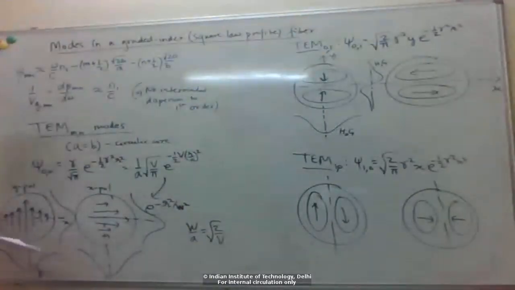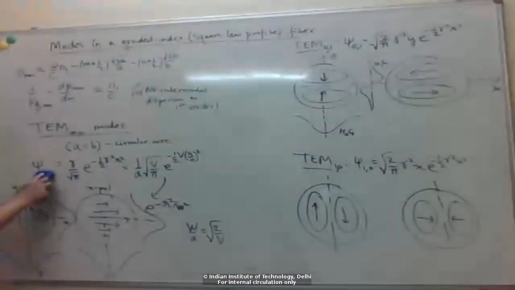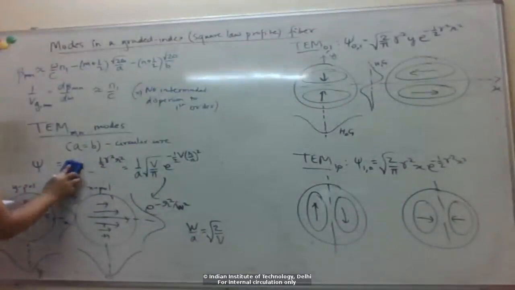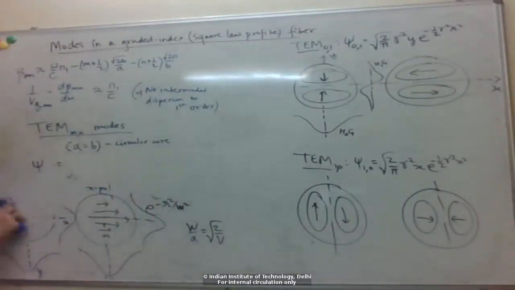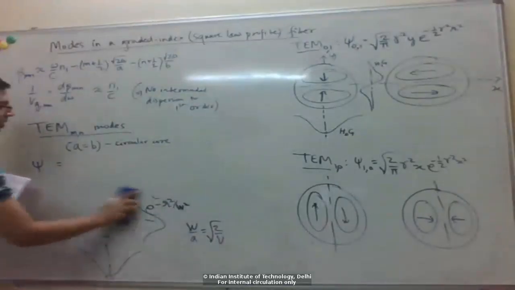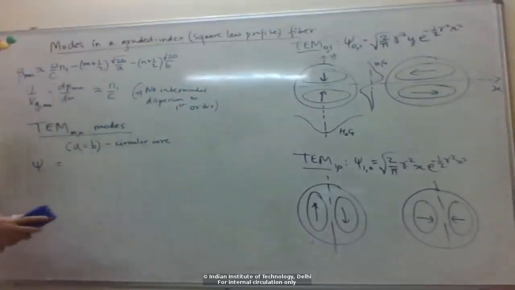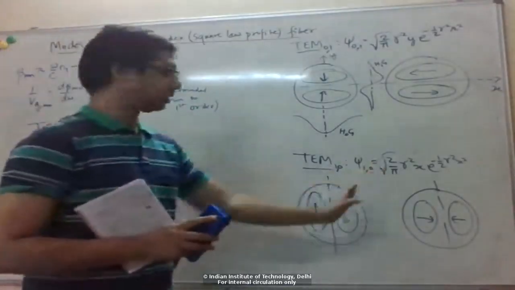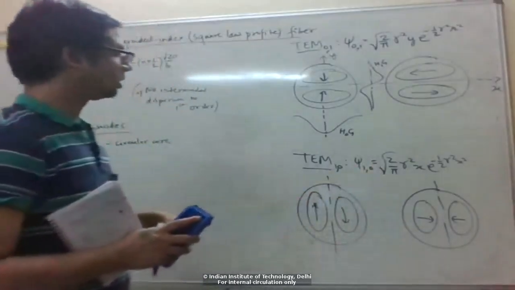Okay, so maybe we can just see how 1, 1 looks like. Right, so basically as you increase the order of m, then you get another null in the x direction, right? You get another 0 in the x direction.